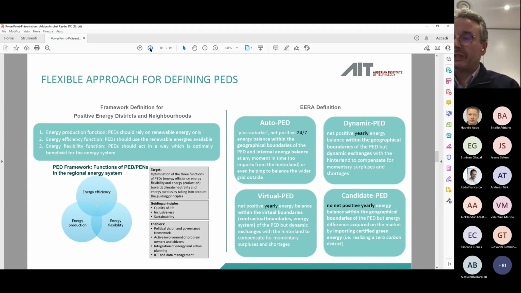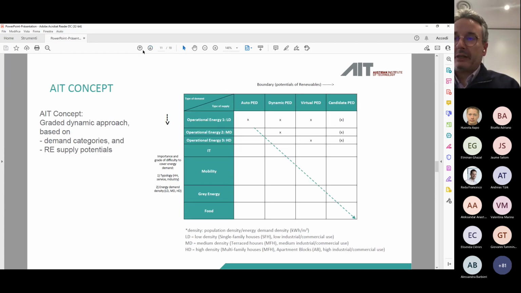Going through different steps to the AutoPED, which would be an energy autonomous district. Next slide, please. And at AIT, we also conceptually brought it a bit further, and we thought, okay, you could conceptualize this as a kind of matrix. On one axis, you have the different steps of the PET development.